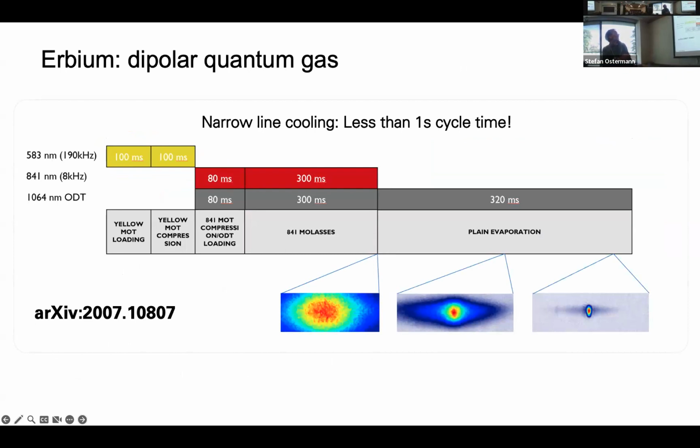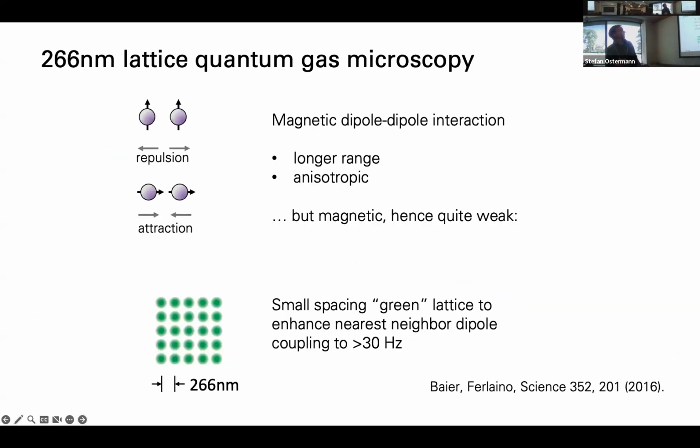What we do is the MOT is at a 190 kilohertz line, but then we use a narrow 8 kilohertz line to cool the atoms optically quite close to degeneracy, and then we only need a fraction of a second of evaporation to get a cold degenerate gas. And that's huge because that means we have 1 picture per second or so, right? Which makes a big, big difference if you want to optimize things and if you want to take data.